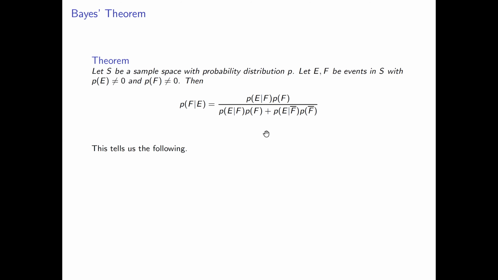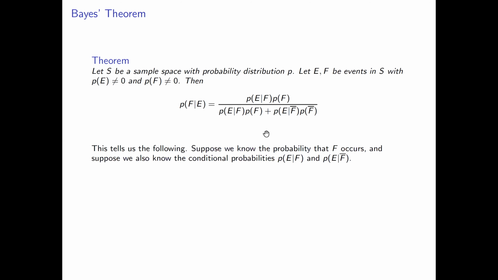Right, and so if I analyze this a little bit more, what does this formula really tell us? Well, suppose we know the probability that a certain event F occurs, and suppose we also know these two conditional probabilities, right? The probability of E given F and the probability of E given the complement of F, or given that F does not occur.